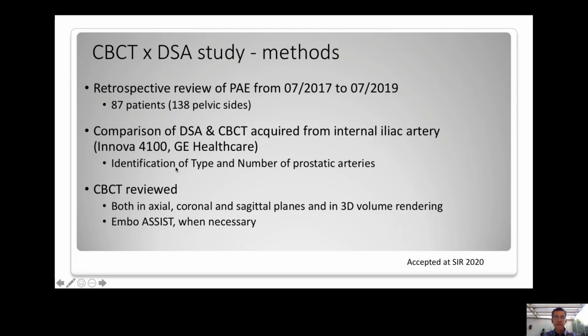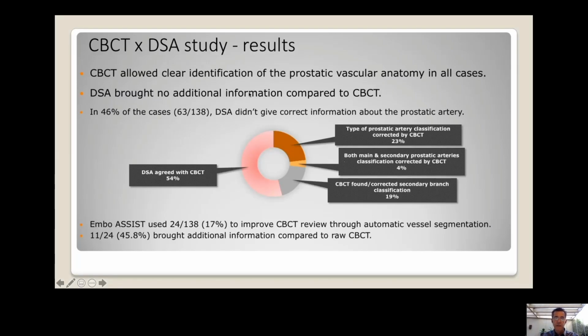And we were trying to identify the type of artery and the number of arteries that we had in each patient. Also, we reviewed Carnevale CT in axial, coronal, and sagittal planes, and also in 3D volume rendering. And when necessary, we used the software Embo ASSIST.